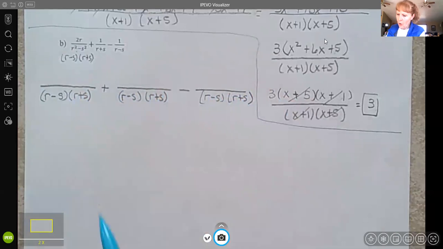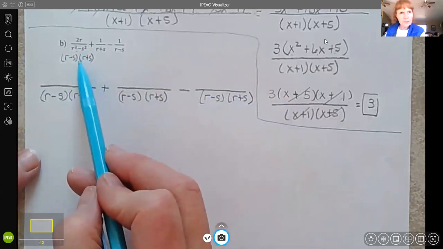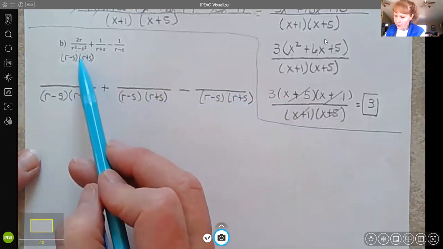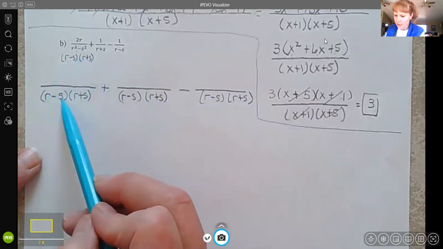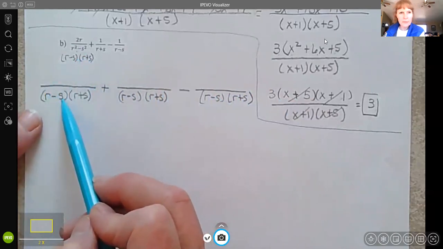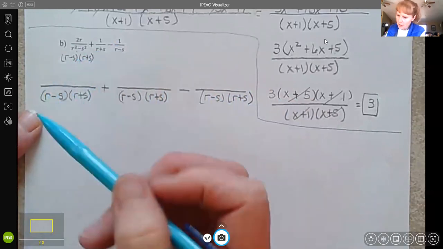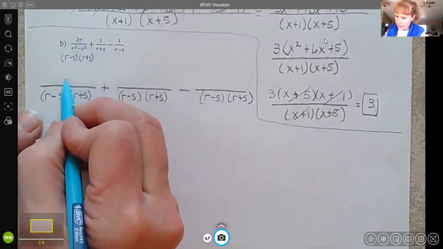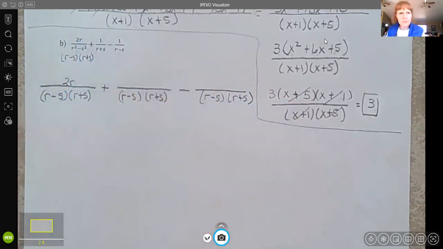Now, to go from our first fraction, we factored it. To go from here to here, I multiply by 1. I'm not missing anything. So 2r times 1 is 2r. Okay, I rewrote it. It's equivalent. They're equivalent with the correct denominator.